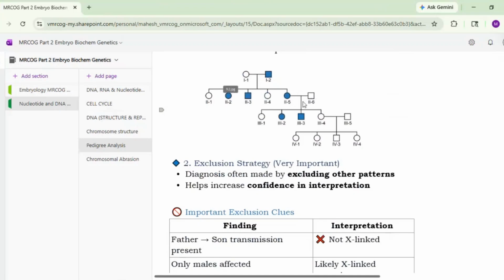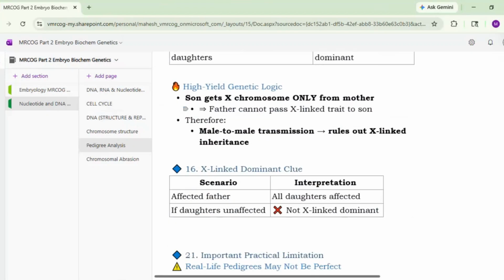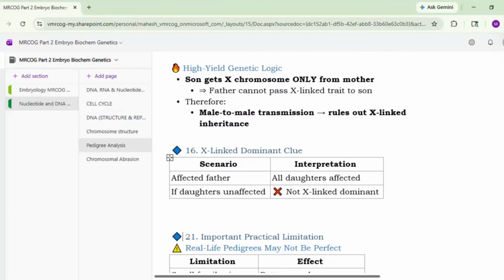Here there is no father affection, so the daughters are not affected. Here the father is affected, so all the daughters are affected. If daughters are unaffected, it is unlikely to be X-linked. That is how you should classify.